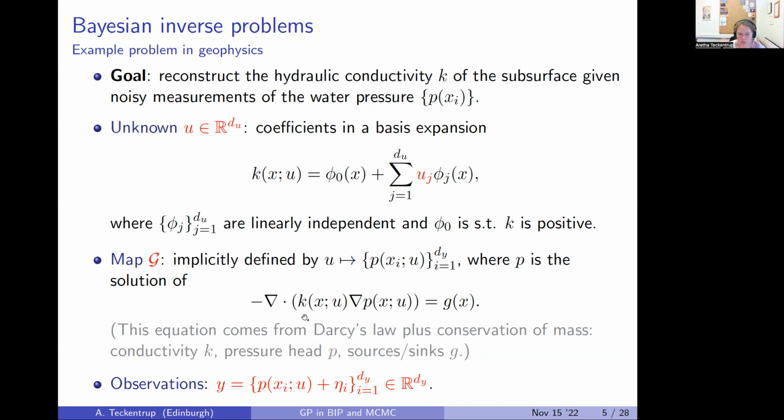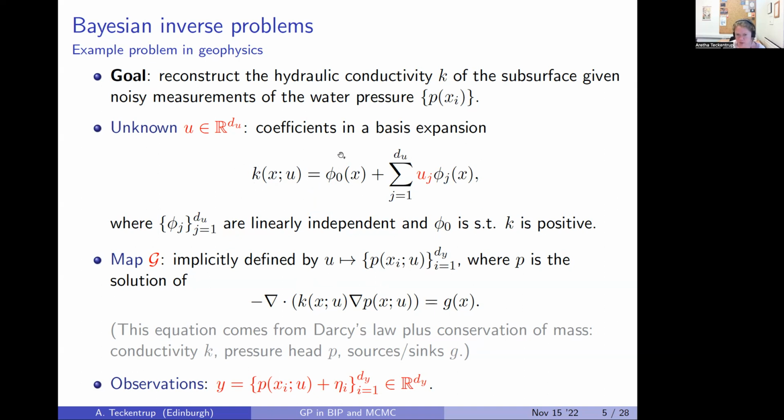And so the permeability K and the water pressure P are implicitly linked through this PDE. What we have in terms of observations is the PDE solution P at some points in the domain xi with some noise. And what we want to learn is the conductivity K.